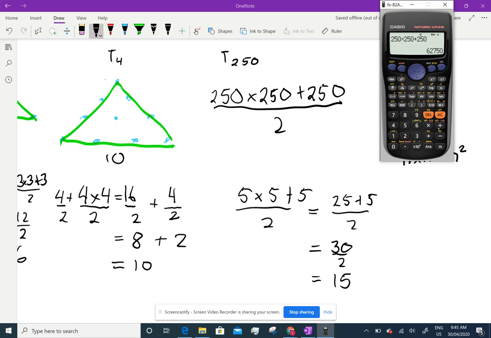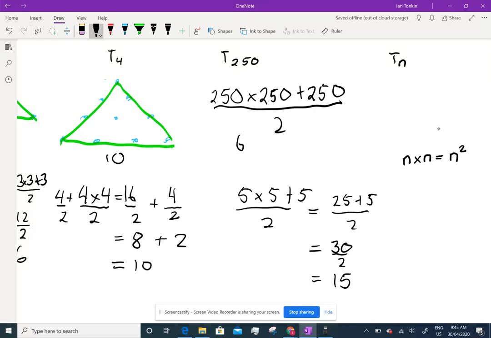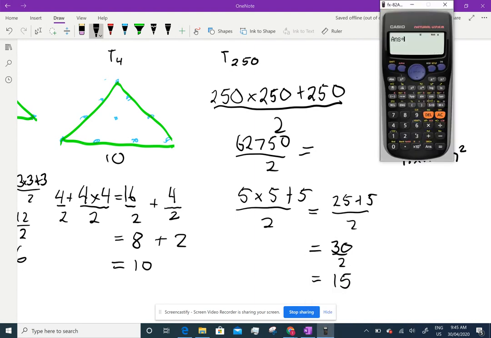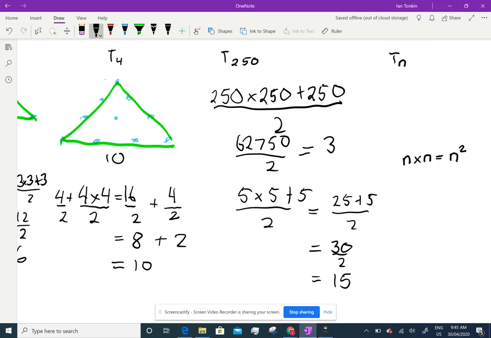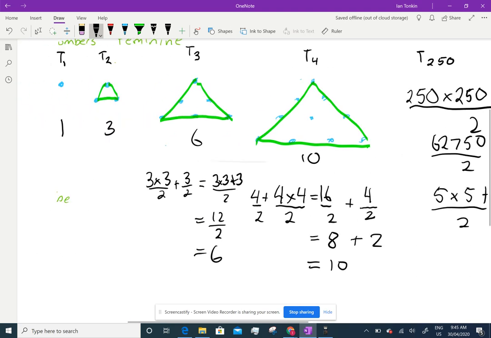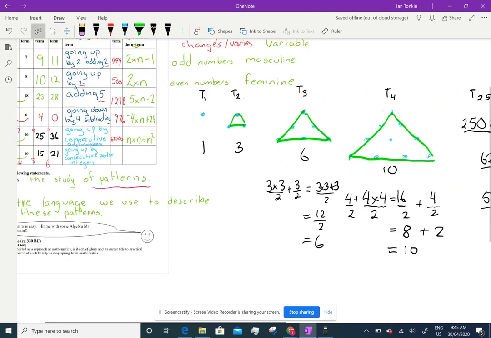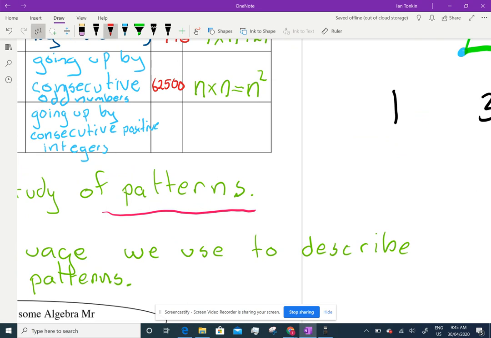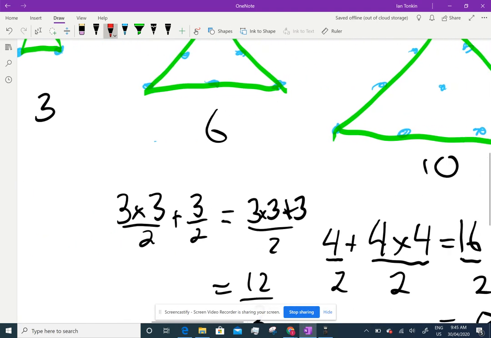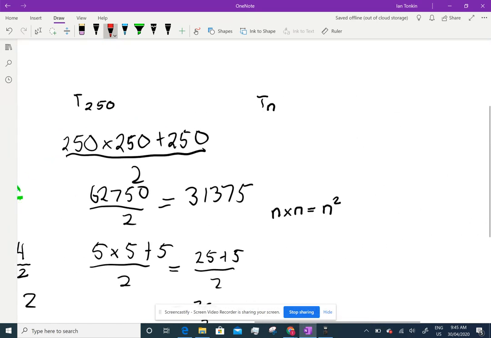So I get 62750 over 2, and I have to divide this number by 2. 31375. So the answer is 31375. And let's have a look at what I do for n.